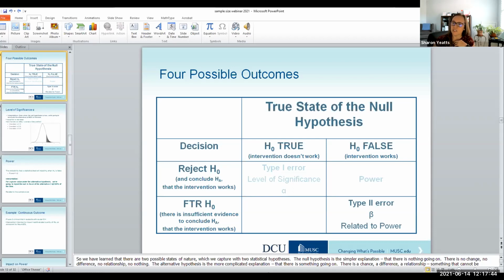Conversely, if the null hypothesis is false, which means that our intervention does work, and we reject the null hypothesis, we conclude that the intervention works. That's a correct decision, okay? And we want the likelihood of our being in this scenario to be high. If the null hypothesis is false and we fail to reject the null hypothesis, again, that's an error we'd like to avoid.